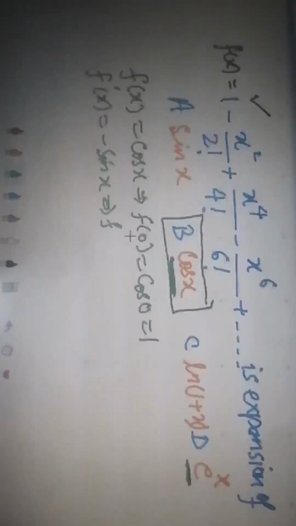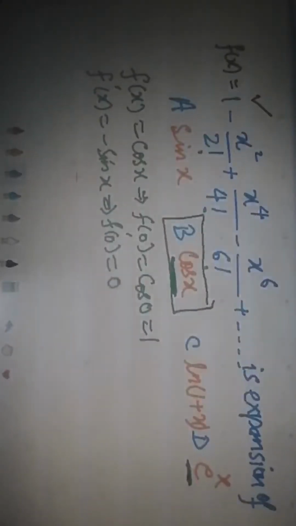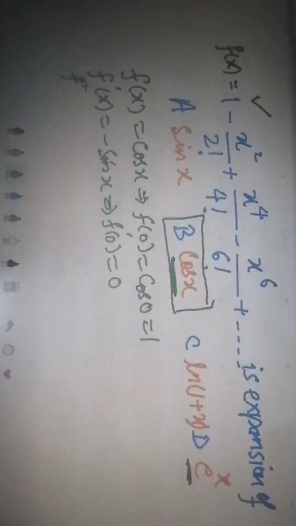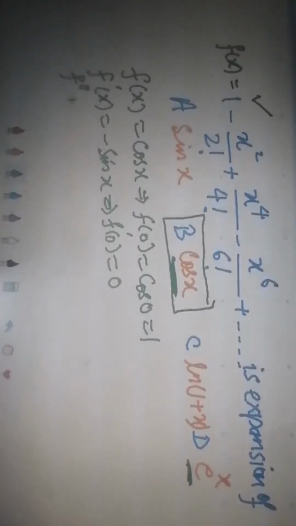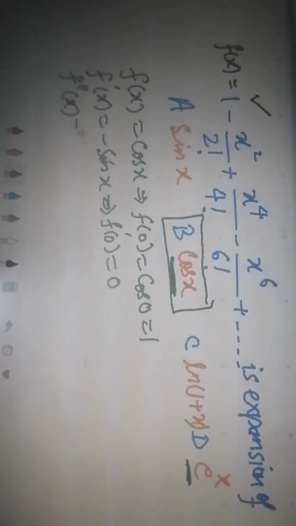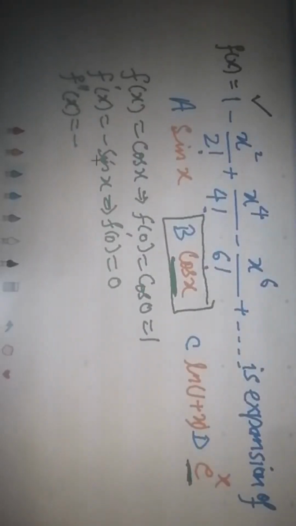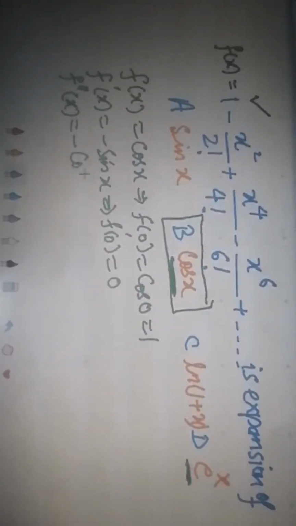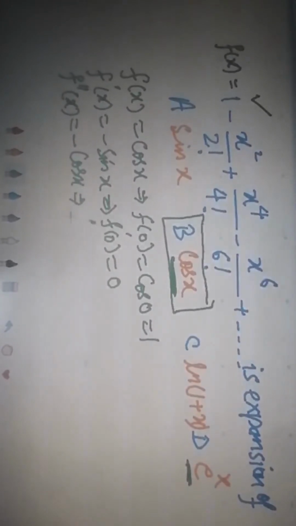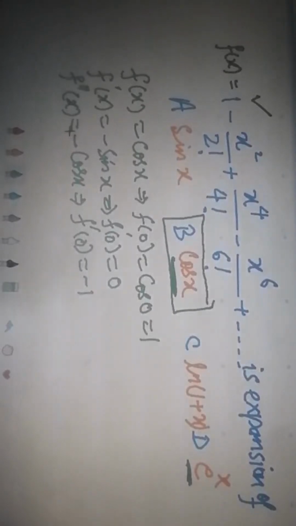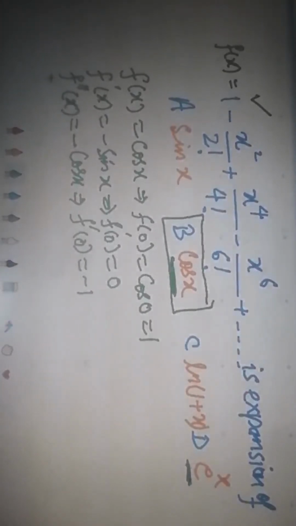At 0, sine 0 is 0. Second derivative: look at it, minus sine, whose derivative is cos. If we substitute 0 in it, cos 0 gives 1 and that becomes minus 1 because the minus sign is also appearing with the cos.